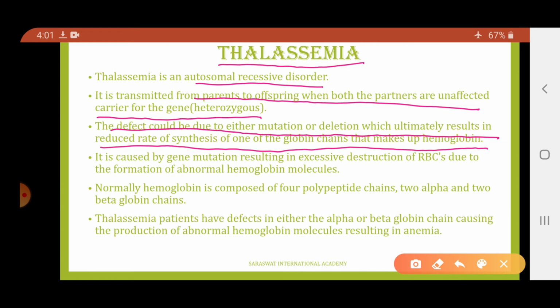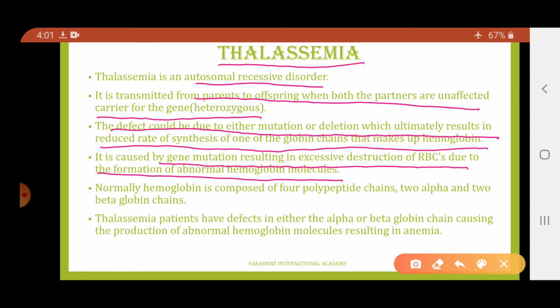Now here the defect is that a mutation occurs in any of the chains, due to which the synthesis of the globin chain is reduced. The mutation results in excessive destruction of the RBCs due to the formation of abnormal hemoglobin molecules.